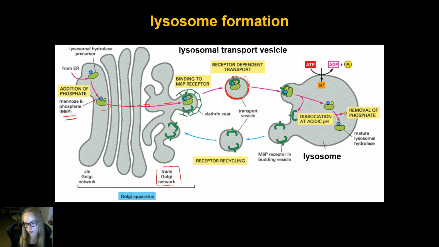So the Golgi complex gives its membrane to create a vesicle that contains this enzyme, which is bound to a receptor because it was labeled with mannose 6-phosphate. And still, remember, this enzyme is in the lysosomal transport vesicle. There is a high pH here, so this enzyme is inactive.